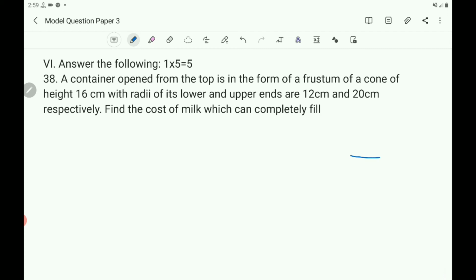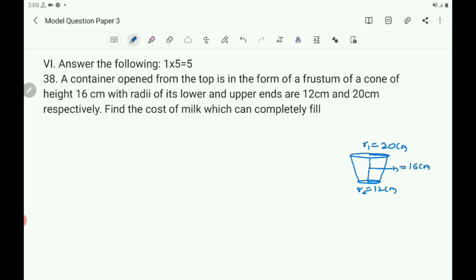So the vessel is in the form of a frustum of a cone. Take the upper radius as R1 and the lower radius as R2, and height h equals 16 cm.